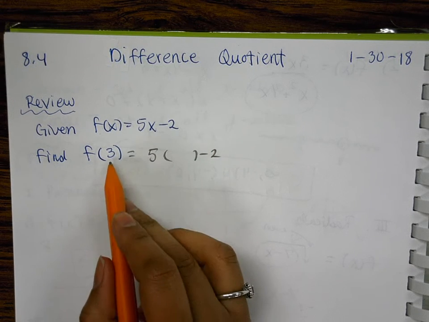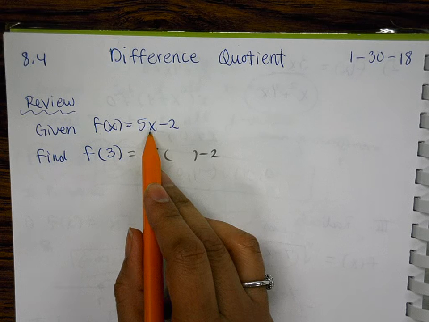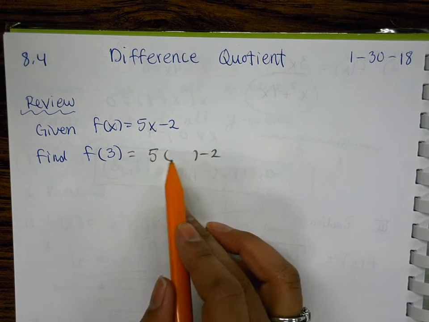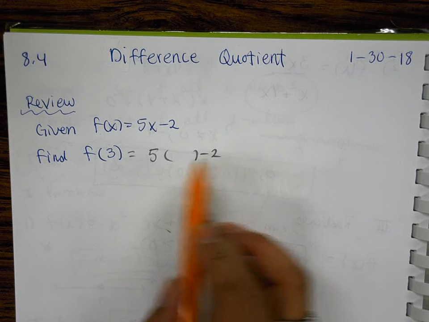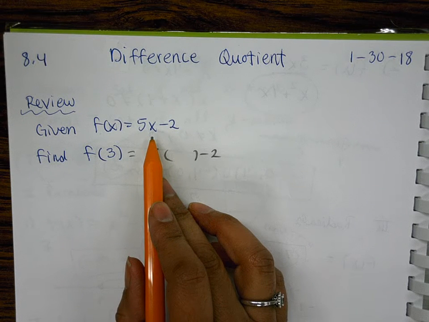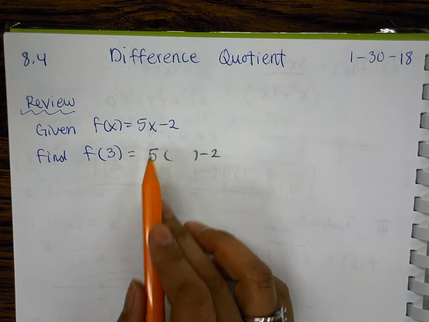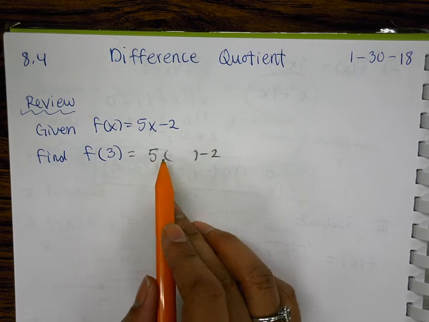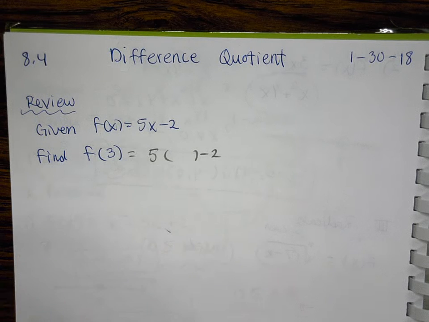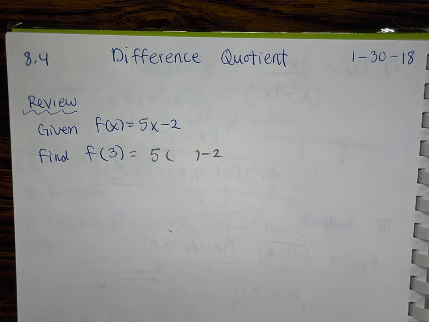3 is in the x spot, so I take 3 and I plug it in everywhere I see an x. So yes, I want it written like this, 5 blank minus 2. Yes, you put parentheses, even if it's easy, and I'm sure every single one of you can do this in your head. I want to see the work, 5 blank minus 2. It helps later when we're working some of the harder ones out.